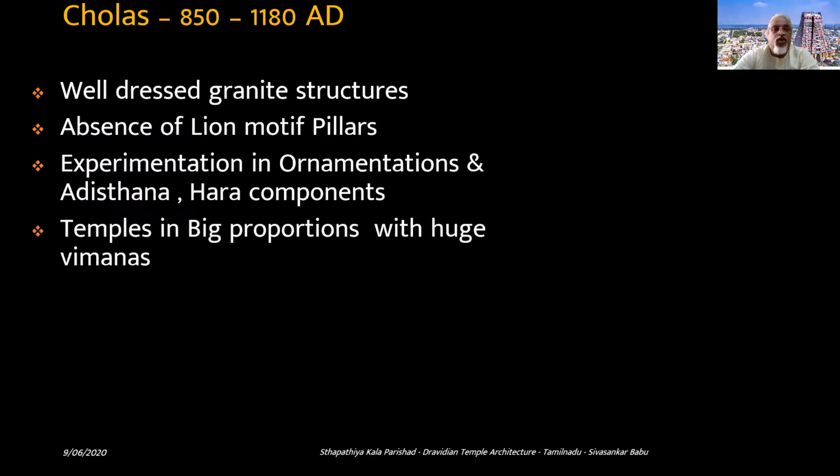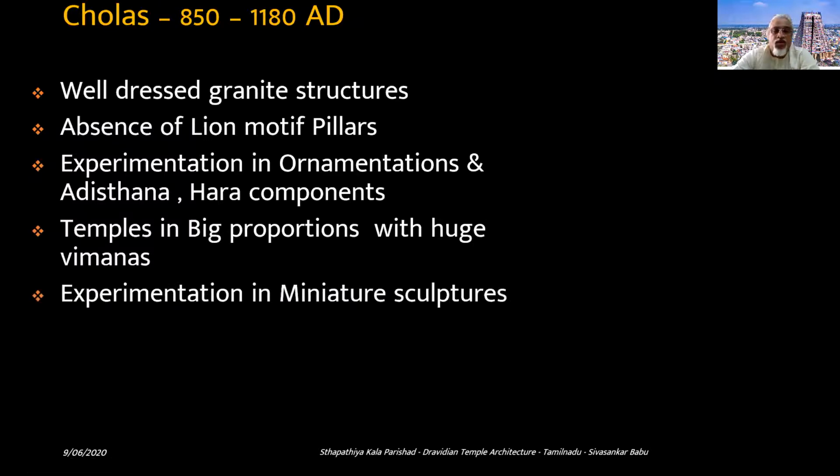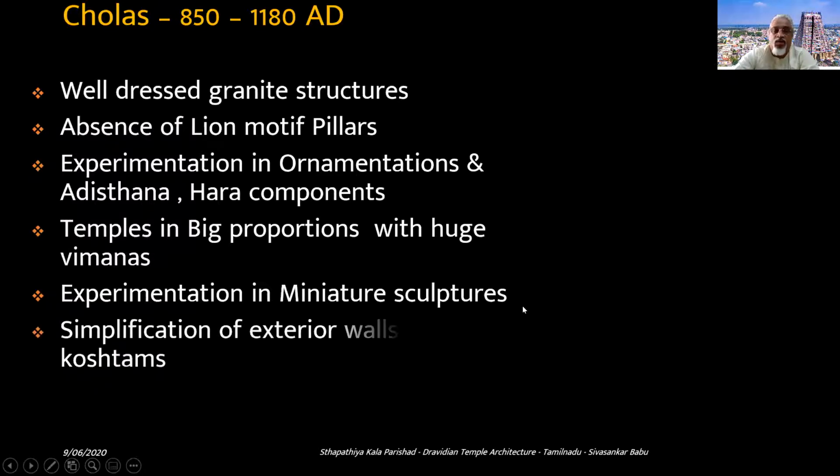The temples were big and grand compared to the Pallava period, and even though they are grand, in the early Chola phase they excelled in miniature sculptures, which have not been done at that scale even at a very late stage, except at Kurungudi and Tirupathi and other areas in the late Nayaka period.